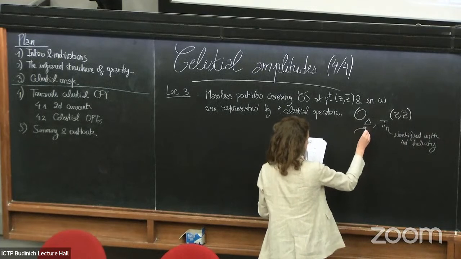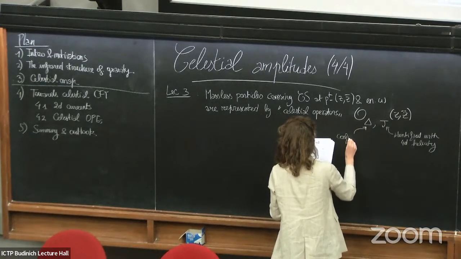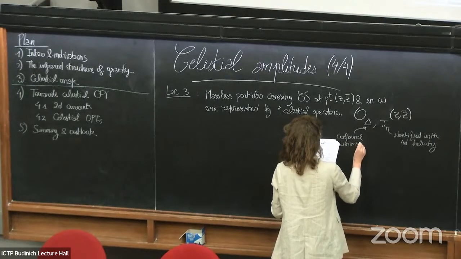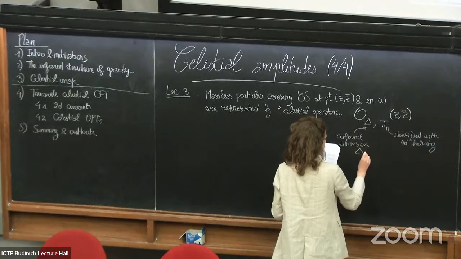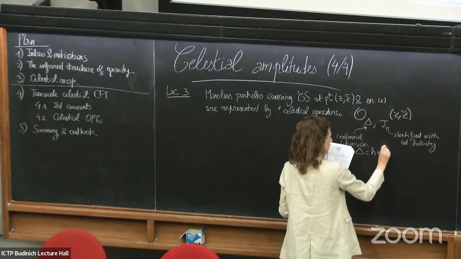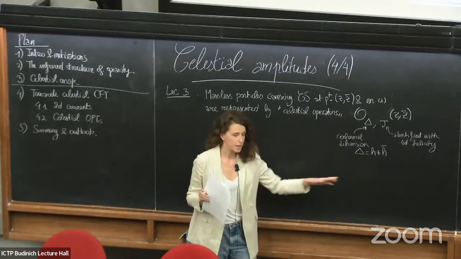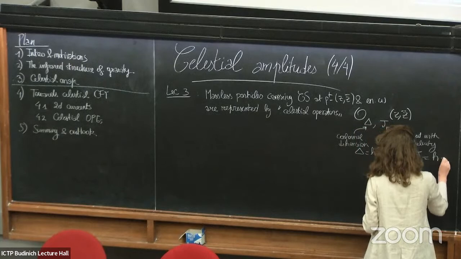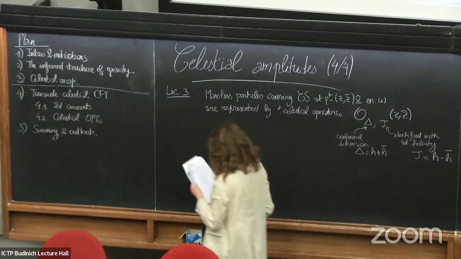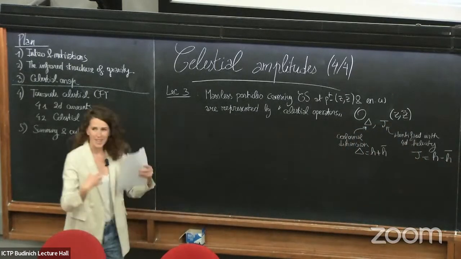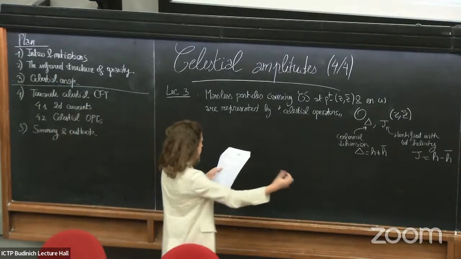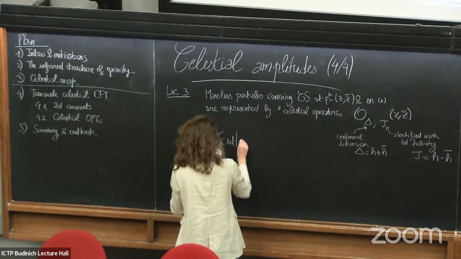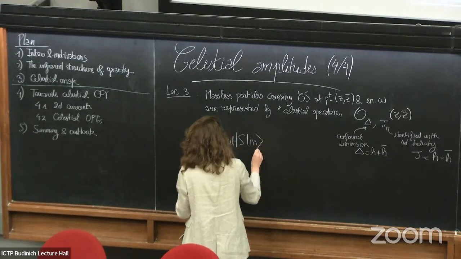And delta, importantly, plays the role of the conformal dimension, which can be written as the sum of the usual left and right weights h and h bar, while the spin is the difference of h and h bar. And this celestial mapping from a massless scattering to an operator on the sphere was performed via an integral transform, which is a Mellin transform.